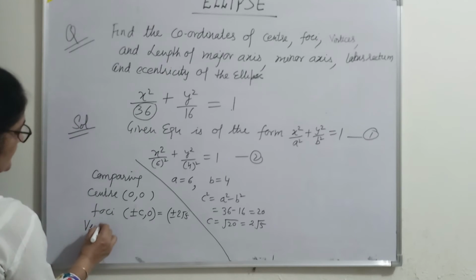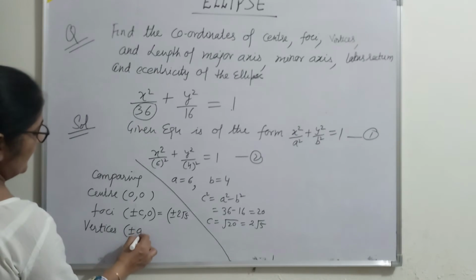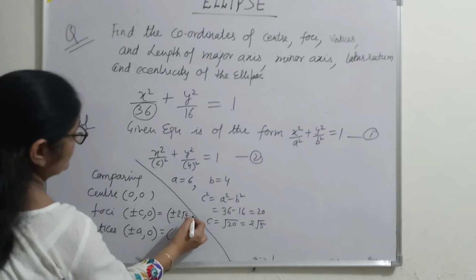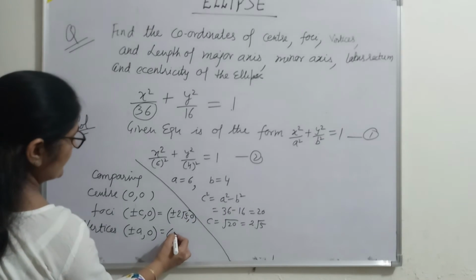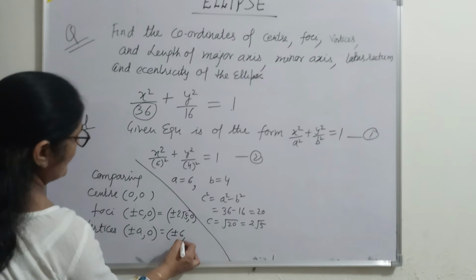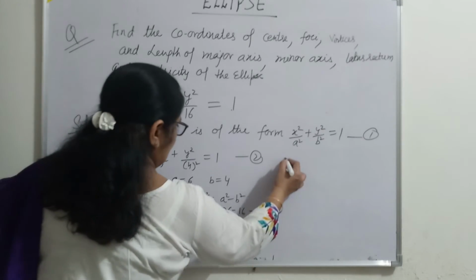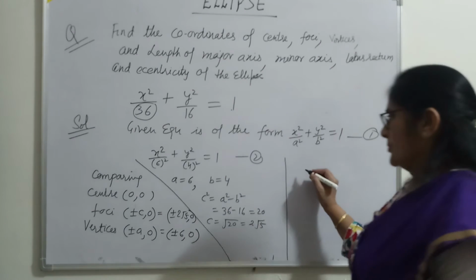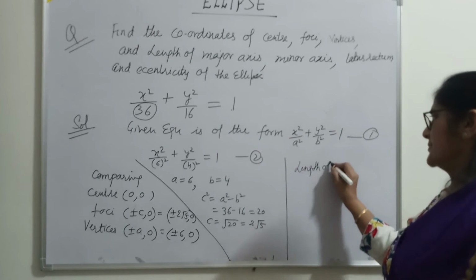Vertices are plus minus a comma 0. What is a? A is here 6. So plus minus 6 comma 0. Next is the length of the major axis.